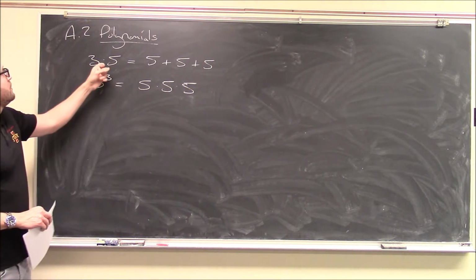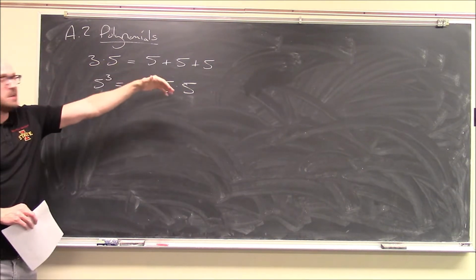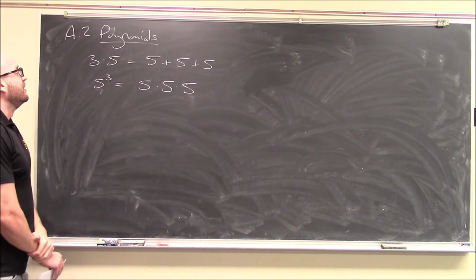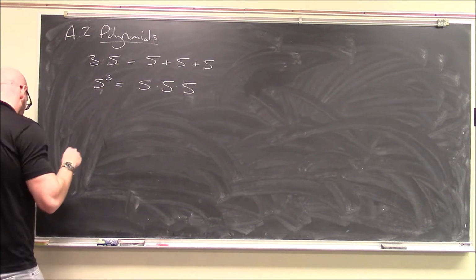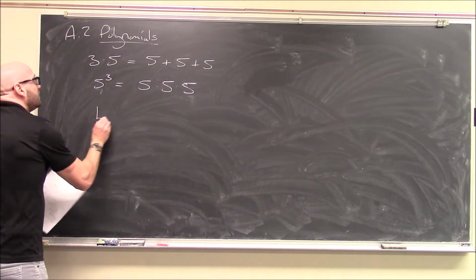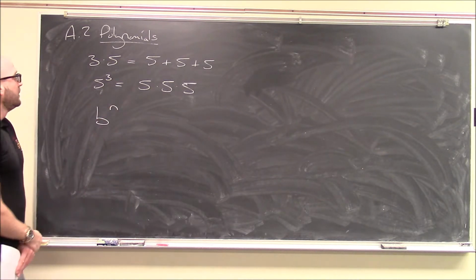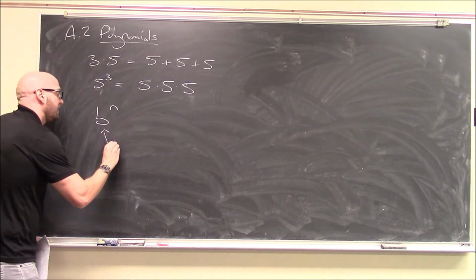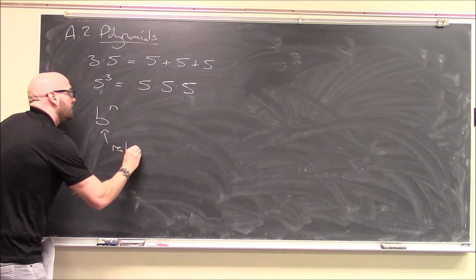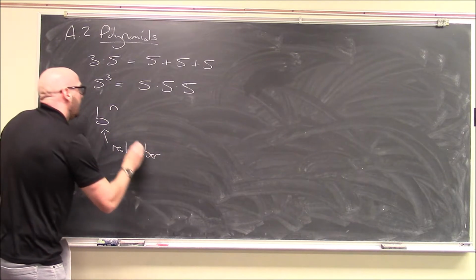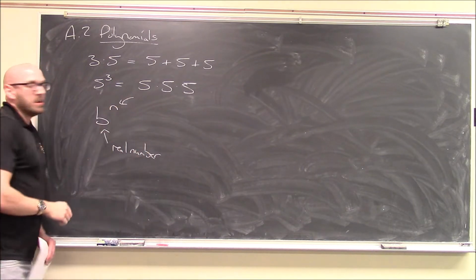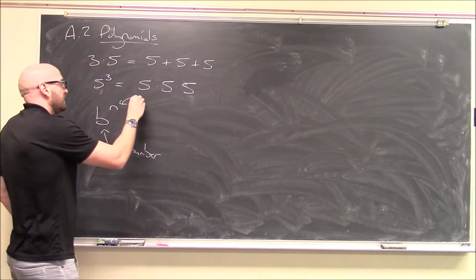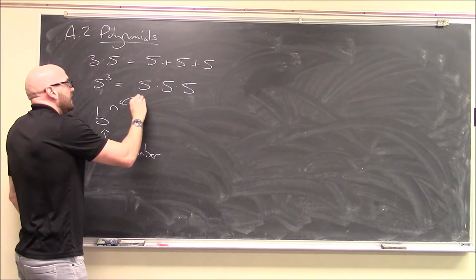In the same way as multiplication is shorthand for repeated addition, exponentiation is shorthand for repeated multiplication, is what I'm trying to get at here. And we'll formally define this. So b to the n, where b is any real number, and n, we'll talk about more complicated exponents later in the semester, but for now I just want n to be a natural number.